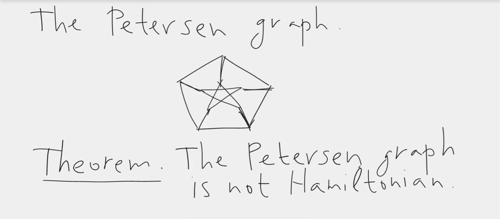So in total it has 15 edges and 10 vertices, and the degree of each vertex is exactly 3. The main theorem that I'm going to prove now is that the Petersen graph is not Hamiltonian.